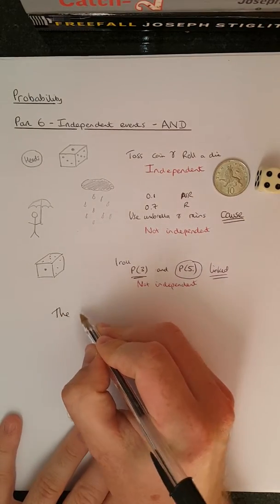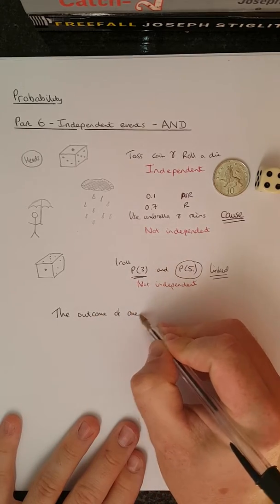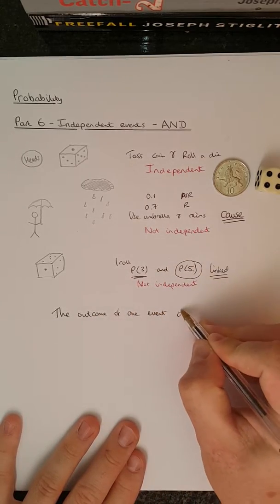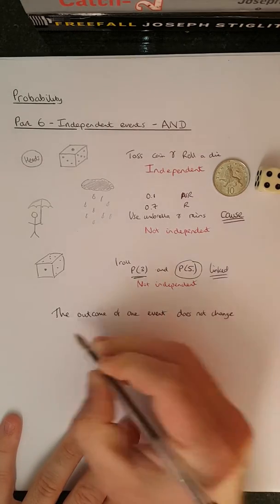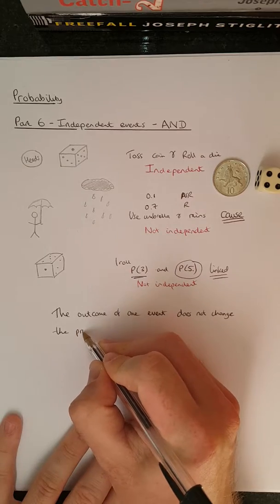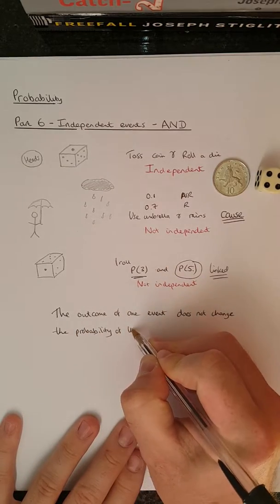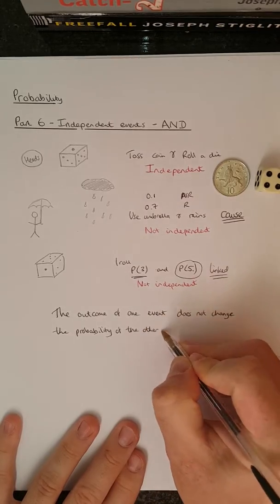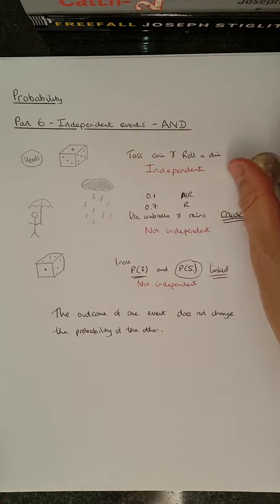So the outcome of one event does not change the probability of the other. Quite a crucial idea here.